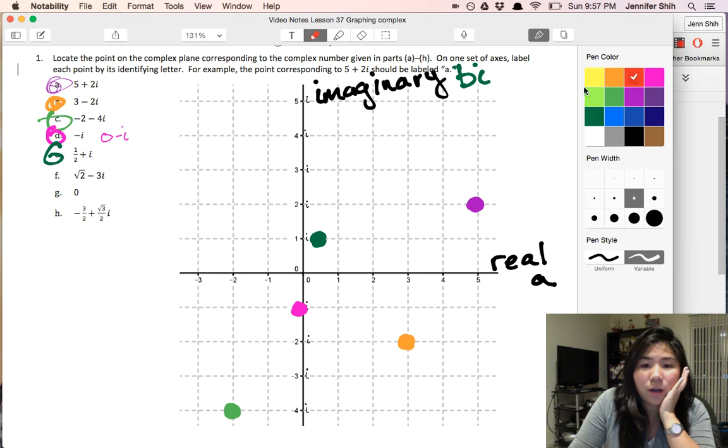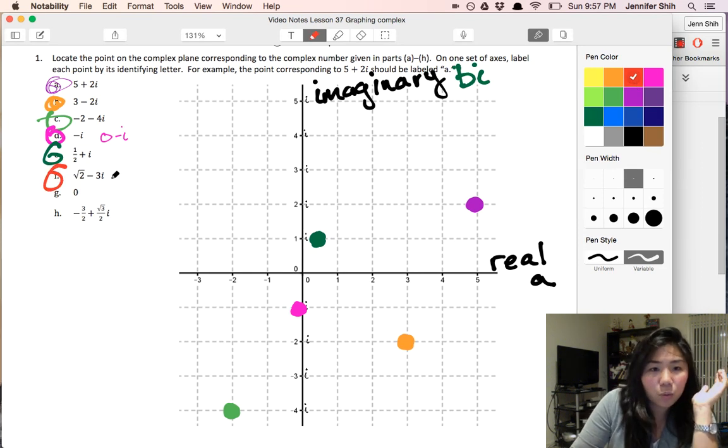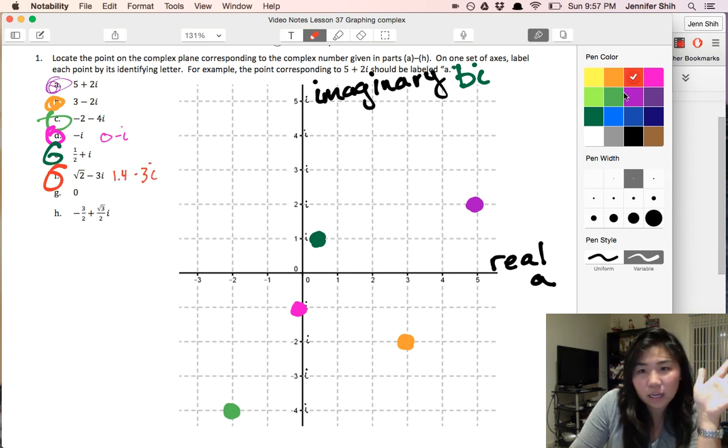Okay, let's finish graphing this. Root 2. Root 2 is about 1.4, minus 3i. So if you plug that into a calculator, you would find that it was about 1.4. So 1.4 and then negative 3i.